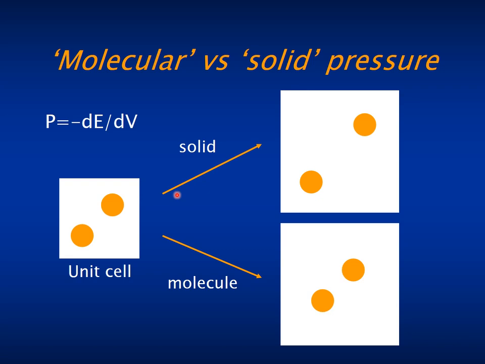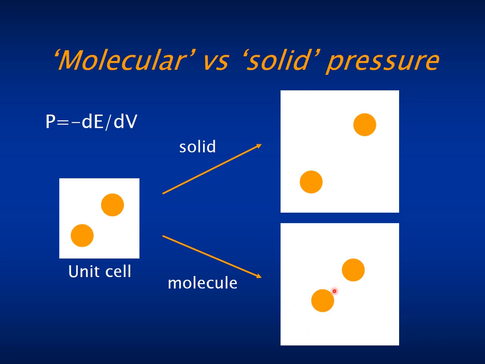In a solid, what you would expect is that the interatomic distances increase with the volume of the unit cell, so that the relative shape remains the same. In a molecule, however, you would expect that as you increase the volume of the unit cell, the molecule does not expand, but the distances remain the same.